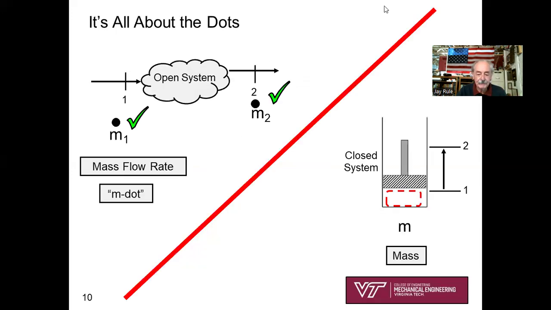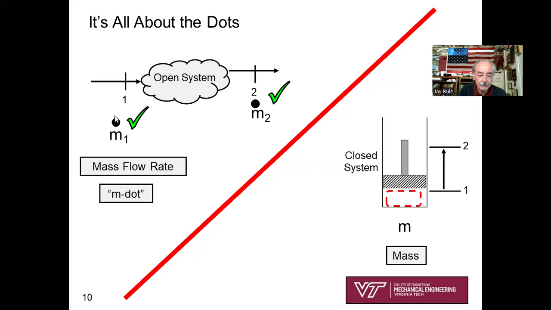And so I've devoted a very simple slide to something I've labeled: it's all about the dots. This is incredible. I should have stamped this important, even though it's simple and easy to understand. If we've got an open system, any number of flows in, you've got to be sure to put the dot over top of the m.